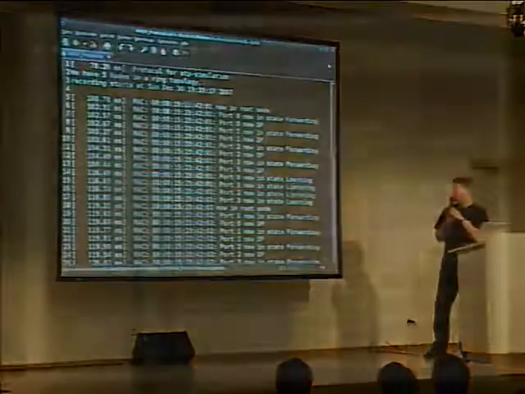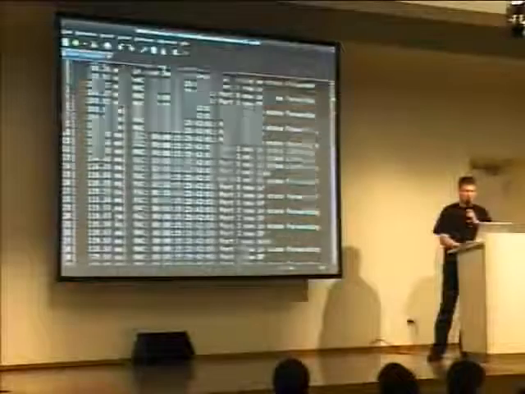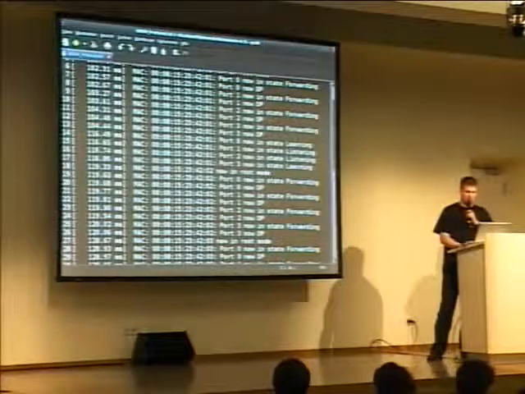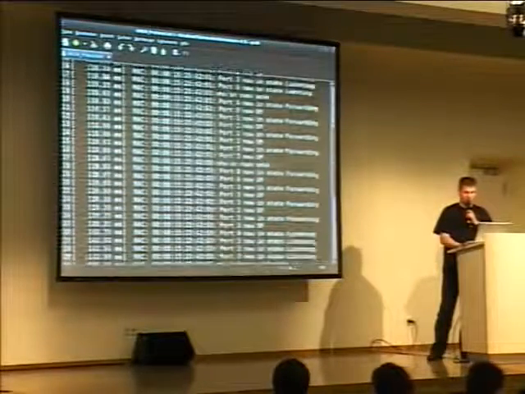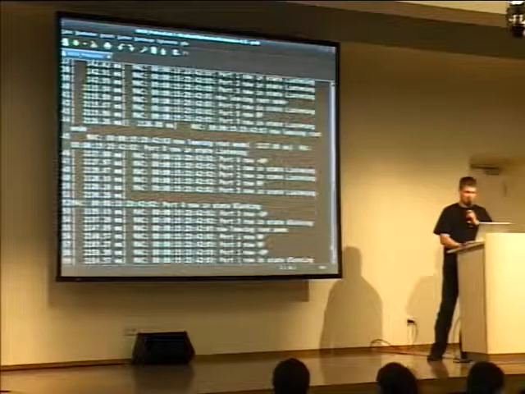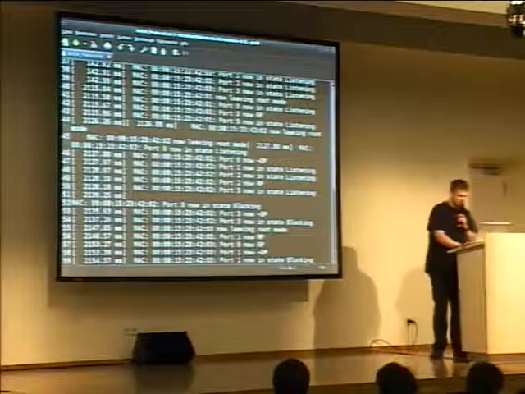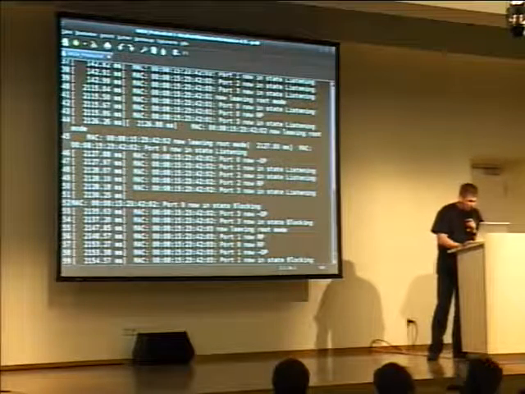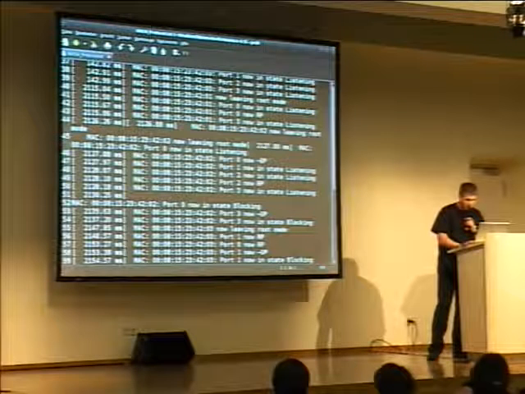And you see the switches with their MAC addresses changing their states, and also the ports of the switches are changing their states. And so in the beginning, you see they all think they're root. And after receiving some STP packets, they start to find out they're not actually root. And the log is not complete, I think, here.